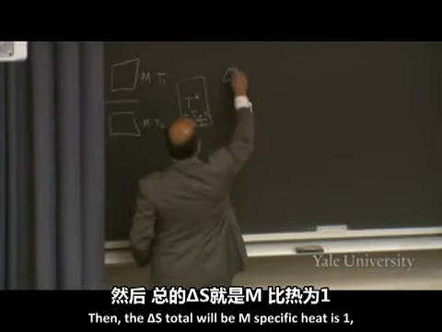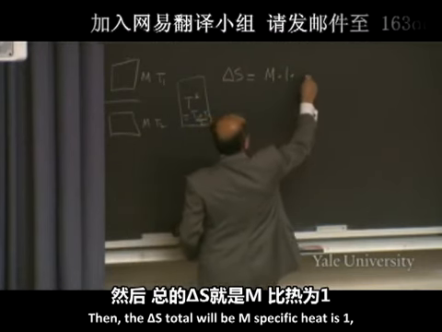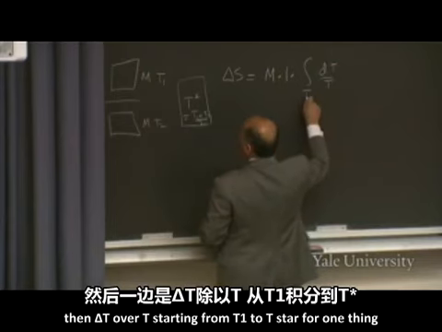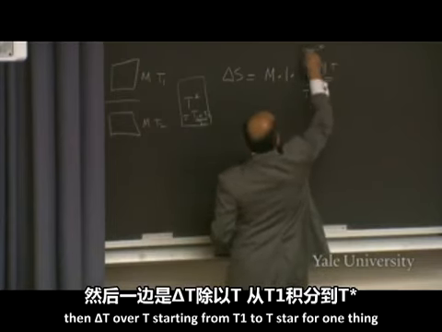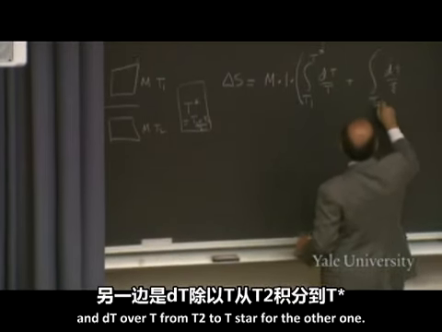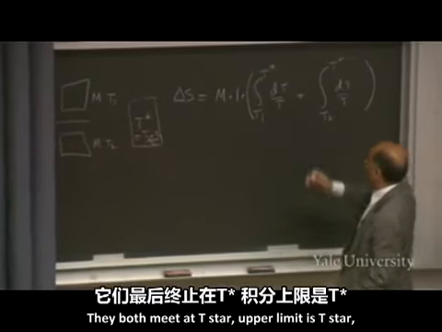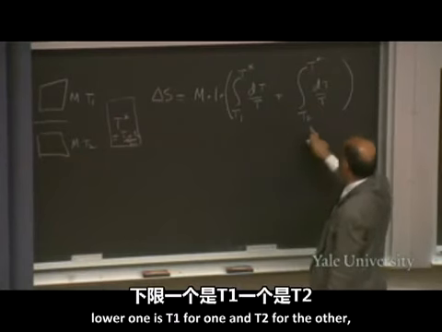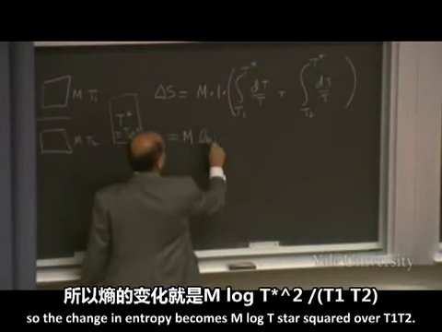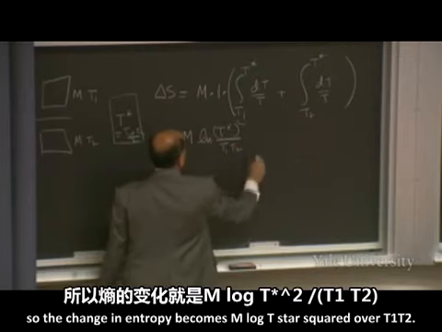Then the delta S total will be m, specific heat is 1, then dT over T, starting from T1 to T star for one thing, and dT over T from T2 to T star for the other one. Do you understand that? They both meet at T star. Upper limit is T star, lower one is T1 for one and T2 for the other. So the change in entropy becomes m log T star squared over T1 T2.